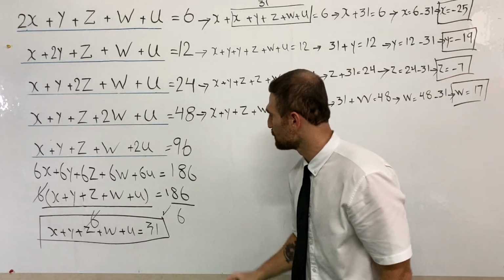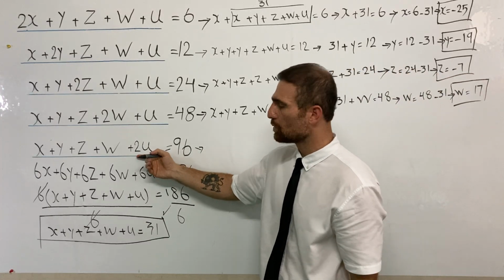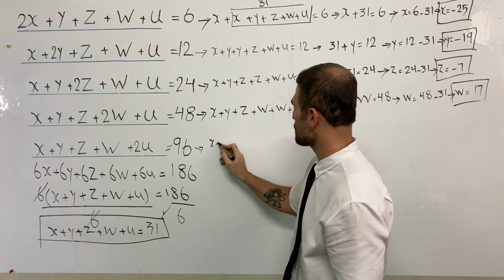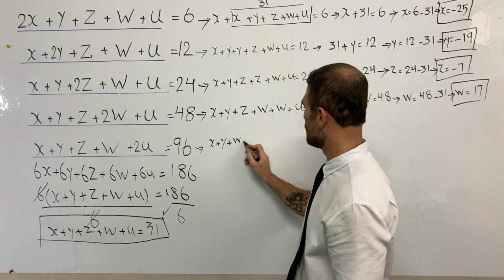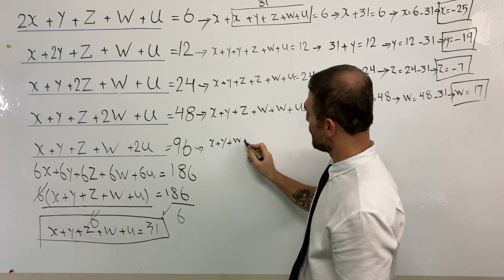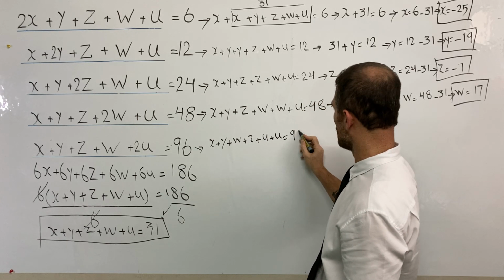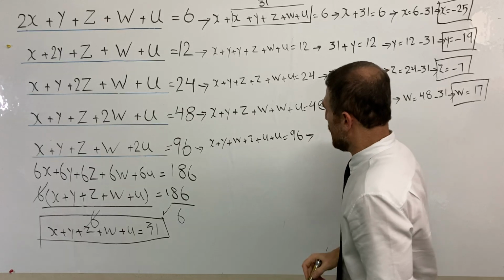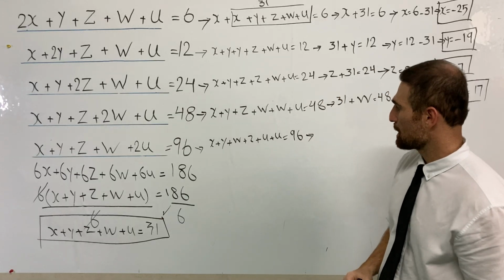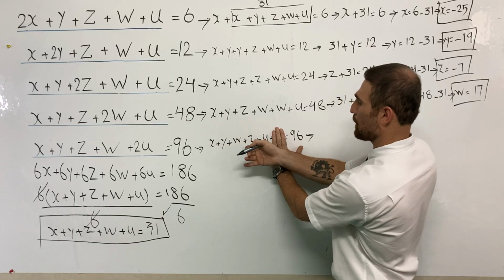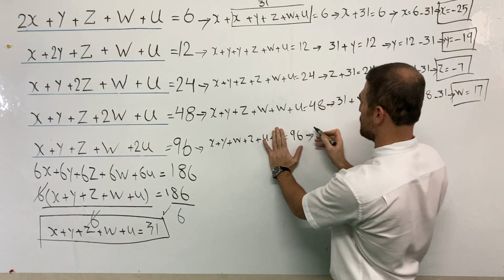And the last one, what do we have? 2u can be written as u plus u. So we have x plus y plus w plus z plus u plus u equals 96. Exactly like last step, I want to cover one u. What is the value of x plus y plus w plus z plus u? 31.